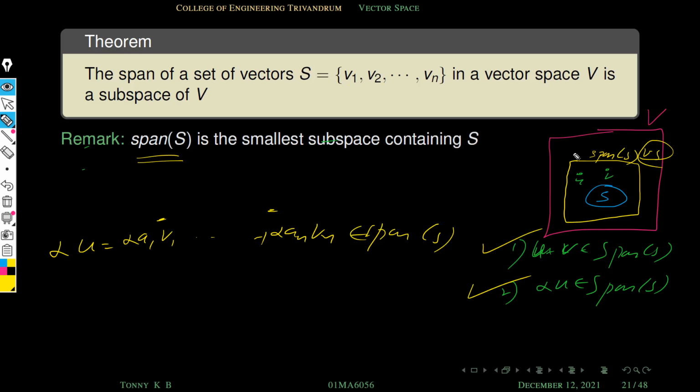The span of S is the smallest subspace containing S. That's another important property of spanning sets.